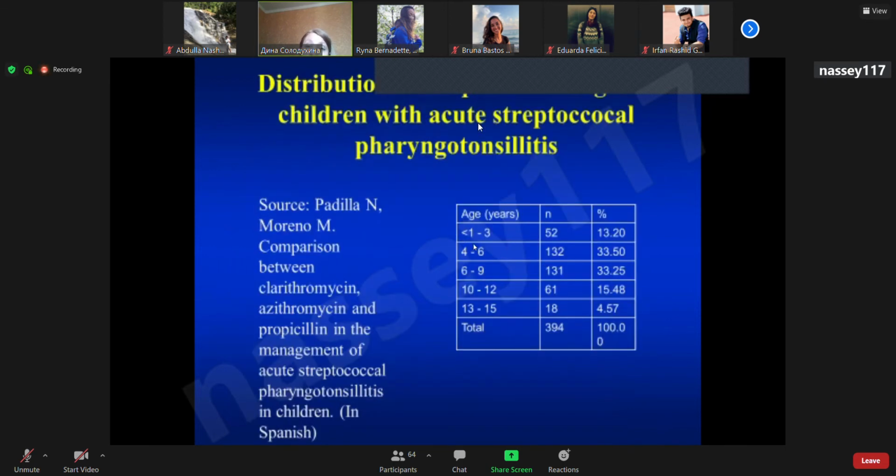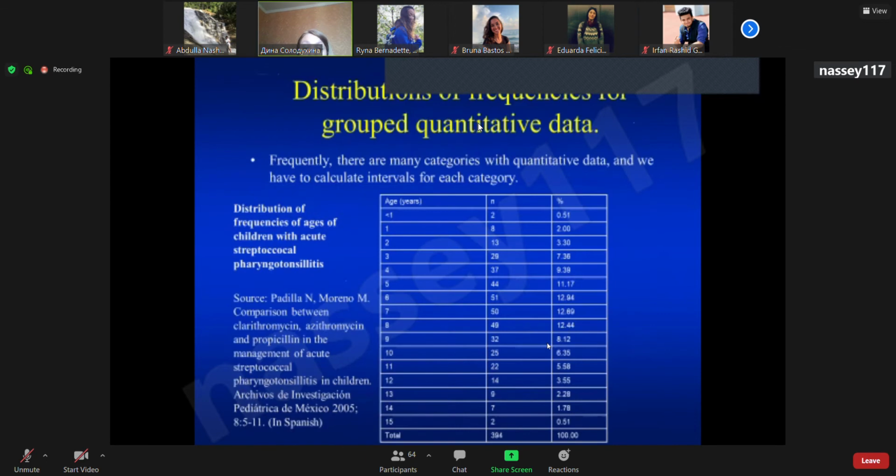We can combine the intervals of age like below 3, 4 to 6, 7 to 9, 10 to 12, 13 to 15. And then it will be distribution of frequencies of ages in children with acute streptococcal pharyngotonsillitis, but we can see that the largest category is 4 to 6 with parameter 33.5, and it's much better compared to this table where each parameter is a single number.